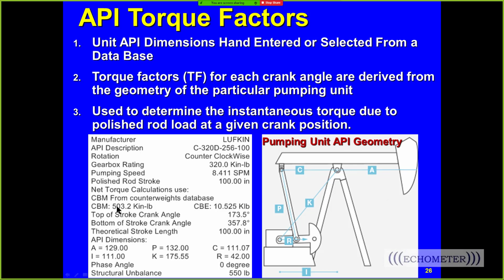And there's a bunch of parameters here about your pump unit: the type of unit, the direction of rotation, the description, the gearbox rating, the speed, the polished rod stroke, the moments that are going to be used in the calculations of net torque or the CB load, the bottom of stroke crank angle and the top of stroke crank angle. So if it's going counterclockwise, which this is going counterclockwise, then when it's rotated from 0 counterclockwise 357 degrees, then that's going to be the top of the stroke.